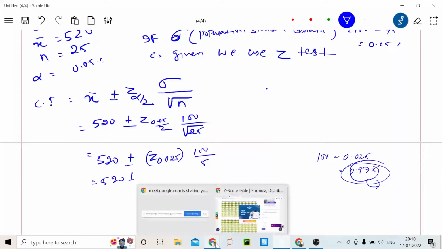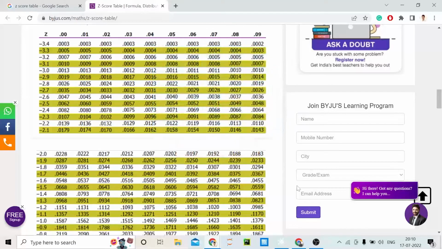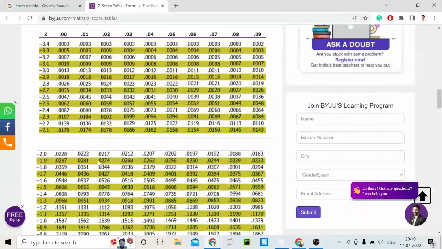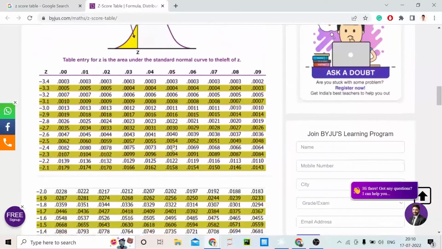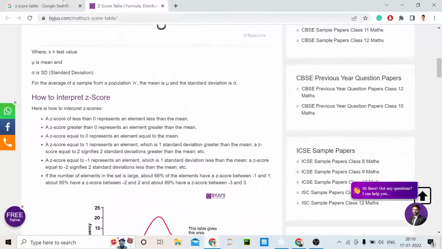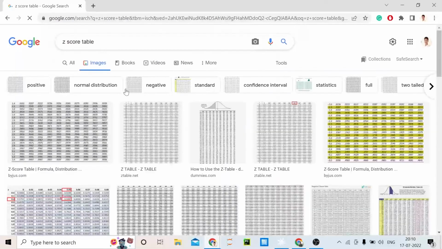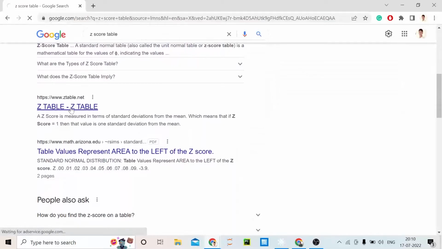Let's say I go to the z score values and search where the 0.975 value is. This is not the correct table. This is the z table.